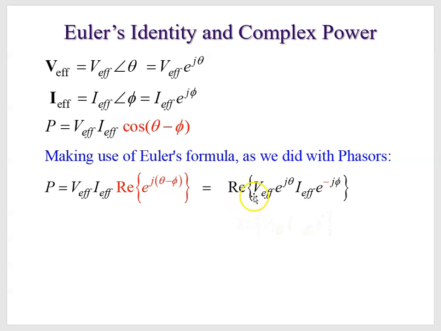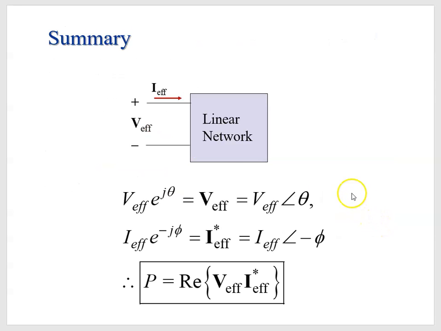It's the real part, actually, of our voltage phasor represented in complex exponential, and not quite our current phasor, because we have negative j phi. So that's the complex conjugate of our current phasor. So we can say it's the real part of our voltage phasor times the complex conjugate of our current phasor. This is going to be an important formula for us to be able to recognize and use.